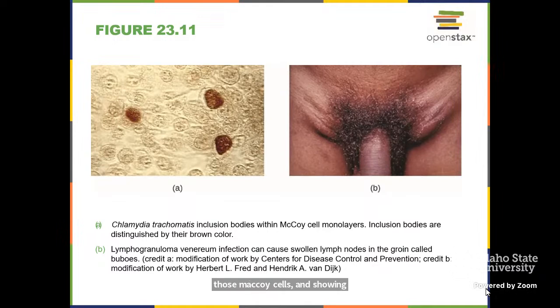So here we could see lymphogranuloma venereum. These buboes that we see here are the result of the chlamydial infection. So it's, you know, swollen lymph nodes, but it's the result of these organisms.